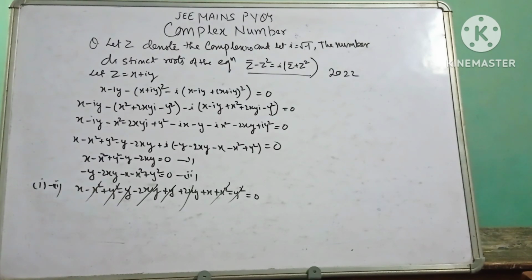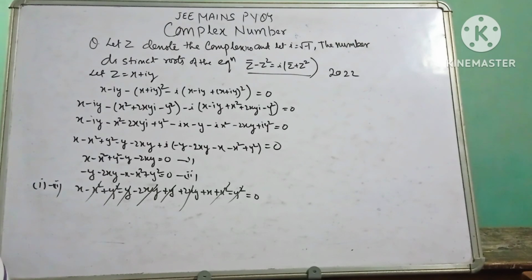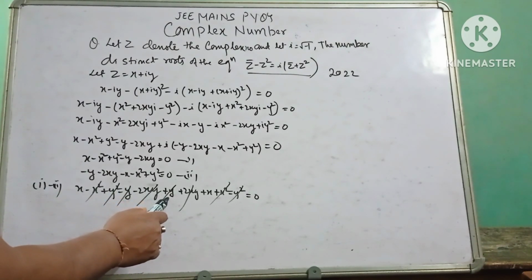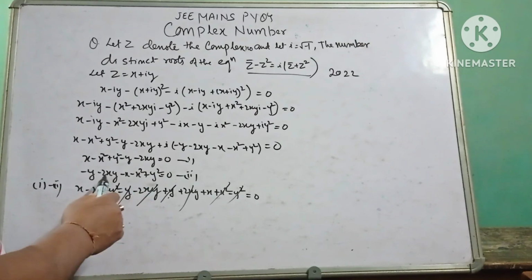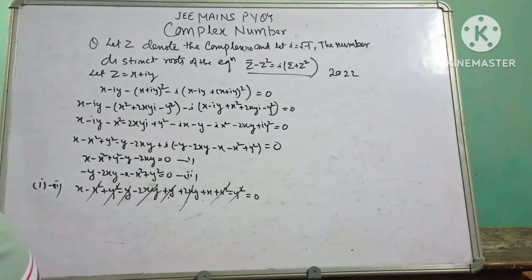So what are you going to get here? Is there some mistake here? Plus y square minus y minus 2xy, this will be minus y plus y plus 2xy plus x plus x square minus y square.